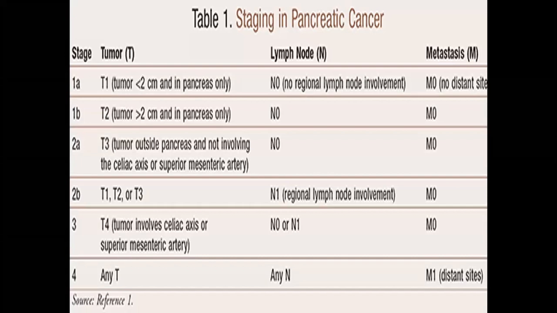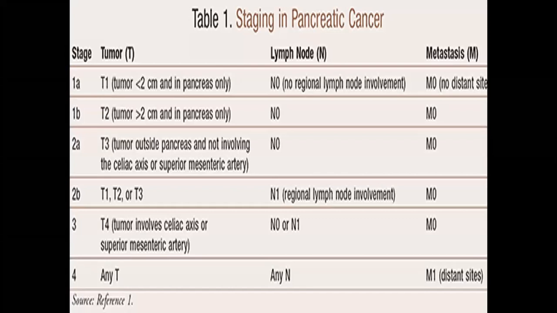Now, 2A: the tumor progresses outside the pancreas but does not involve the celiac axis or superior mesenteric artery. It means that the venous and arterial supply is spared. There's no lymph node involvement and no distant metastasis, M0.